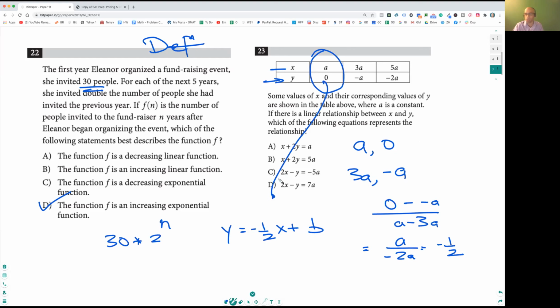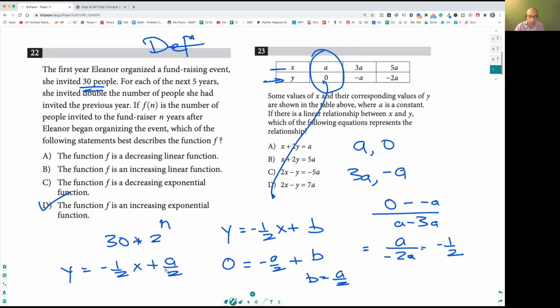That's the most standard way of doing it, understanding Y is equal to mx plus B, right? And then you're going to plug in 0 and A over here. So you're going to get exactly 0. So 0 is equal to negative A over 2 plus B, right? And so B is equal to A over 2, okay? And so now you have Y is equal to minus half X plus A over 2, okay?